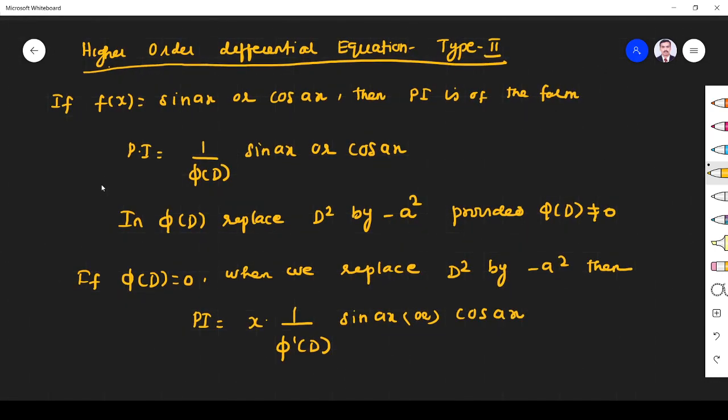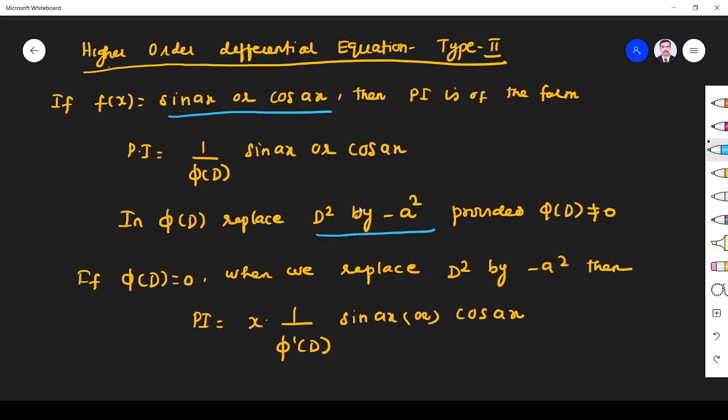Let us start. Suppose the right hand side of the higher order differential equation, f of x, is sin ax or cos ax format, then the particular integral is given by 1 by phi of D times sin ax or cos ax, in which we have to replace D squared in phi of D by minus a squared.